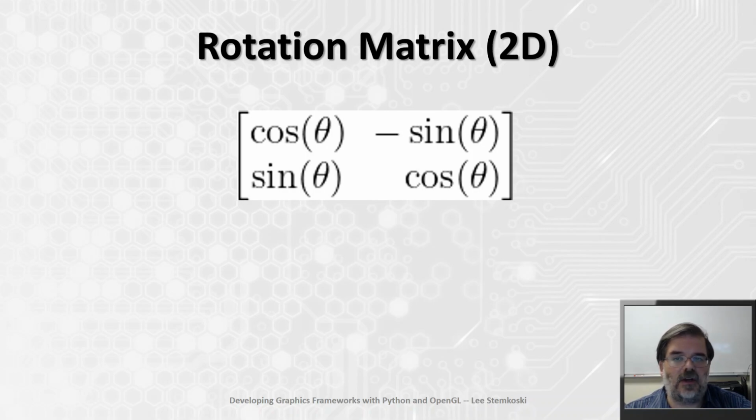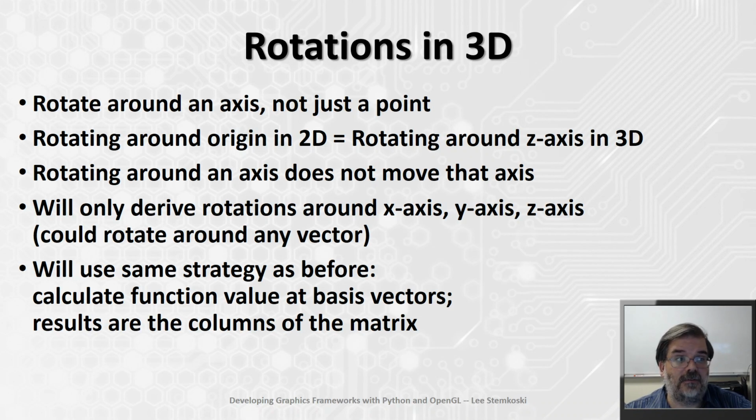It's a little bit more complicated for a couple of different reasons. First, rotations in 3 dimensions, we rotate around an axis, not just a single point. There's a lot more types of rotations we can do. In the 2-dimensional case, we really were only interested in rotating around the origin point. But in 3 dimensions, you could rotate around the x-axis, the y-axis, or the z-axis.